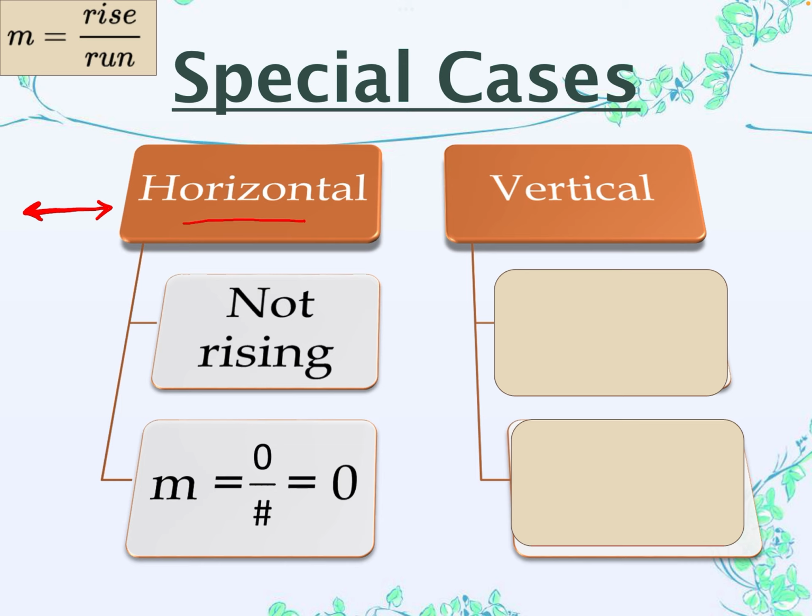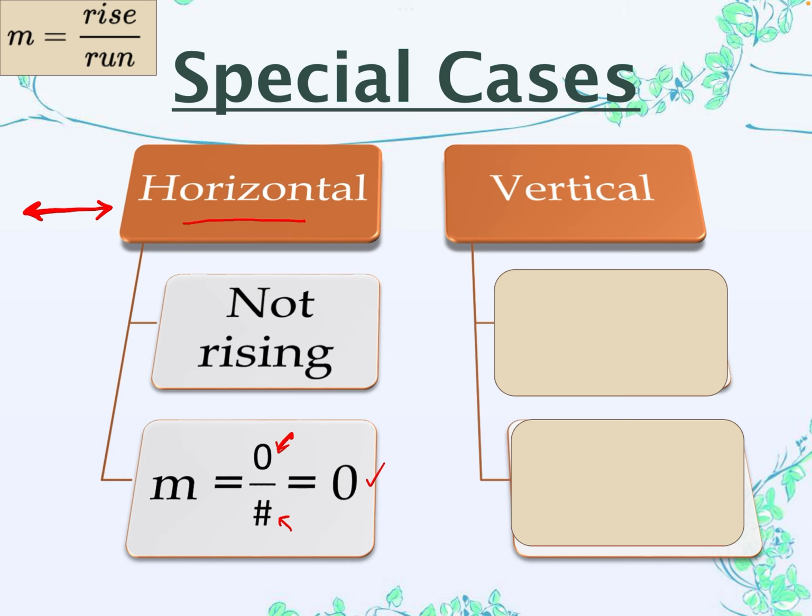Because remember, slope is rise over run. If it's not going up or down, it's not rising. So that's why this top number is 0. But we are moving left and right, so that's why the bottom number is just some number. But when we divide 0 by any number, we get 0. So a horizontal line has a slope of 0.